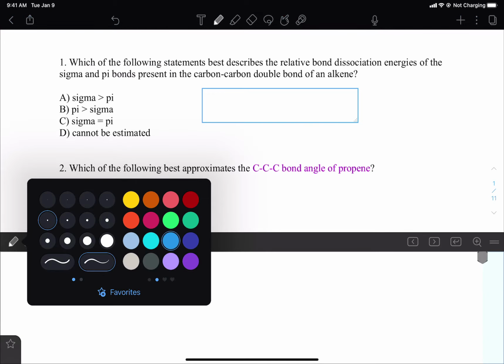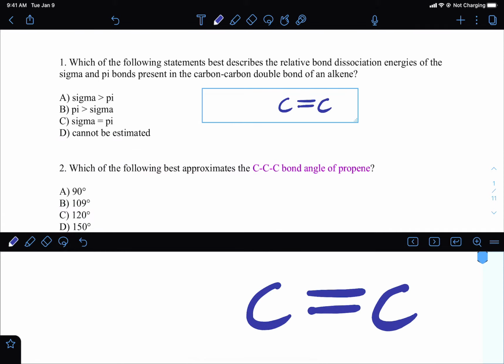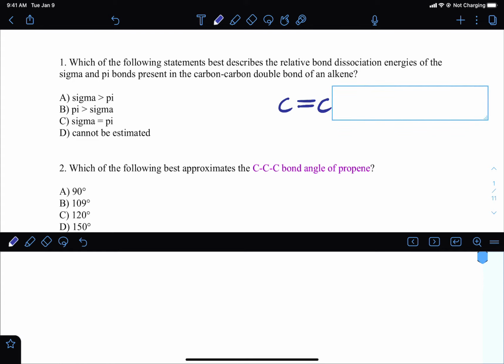So the idea here is that a carbon-carbon double bond is made up of two bonds that have different characteristics, different properties. The first bond is caused by end-on-end overlap of an orbital.